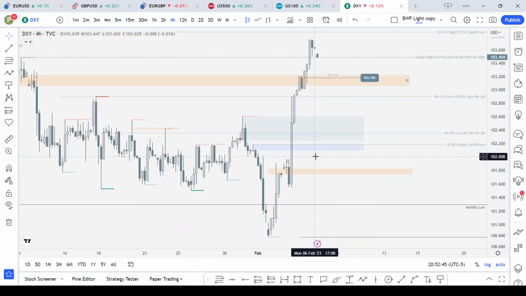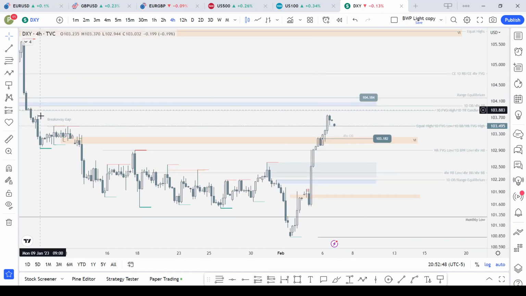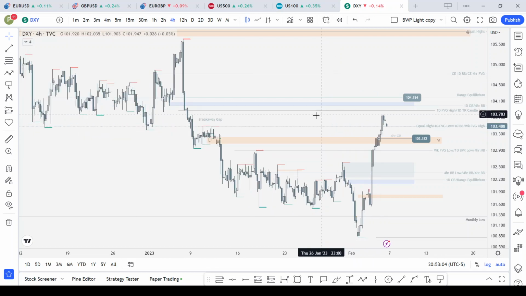Okay, so this is the daily fair value gap I mentioned, which initially acted as a breakaway gap. The market is about closing that in now, and we still have, it didn't completely fill it. Okay, on the left side we also have a breaker.